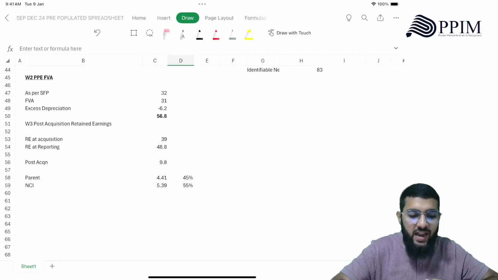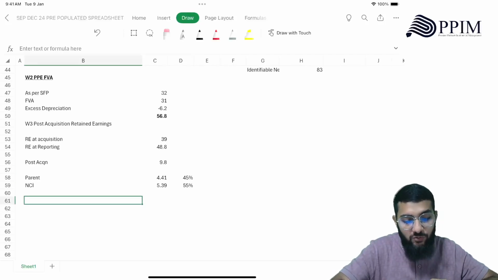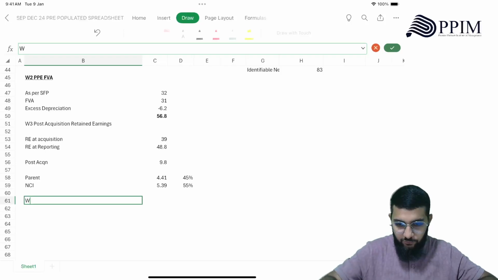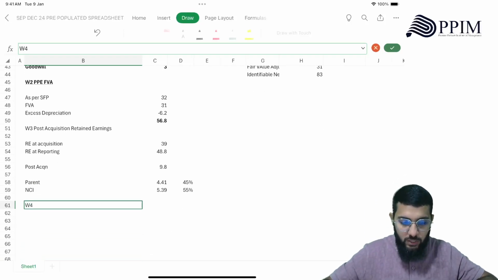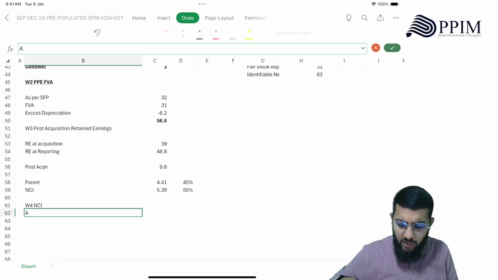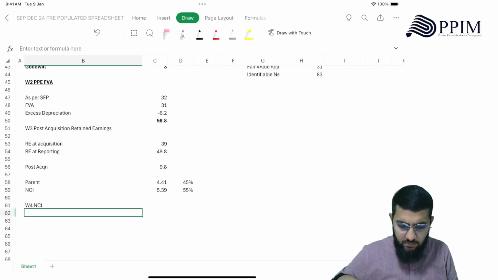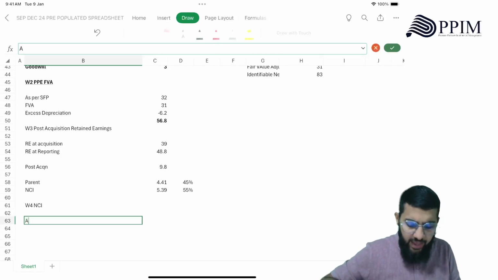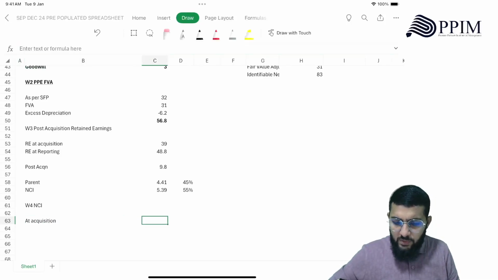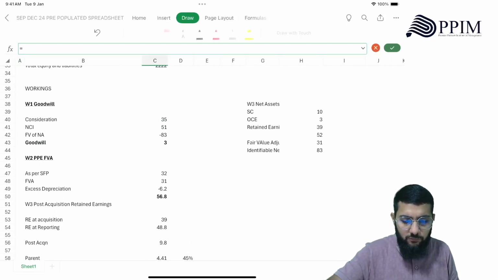And then the next item that we have to remove is going to be working 4. We've done working 3, so working 4, which is NCI. At acquisition, how much was the NCI? At acquisition, NCI was 51.